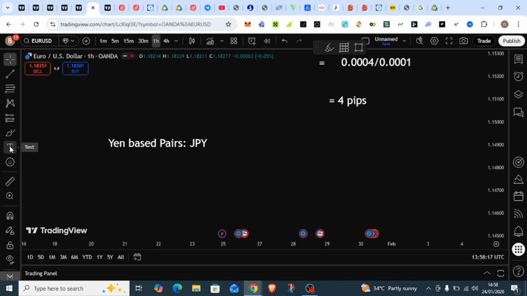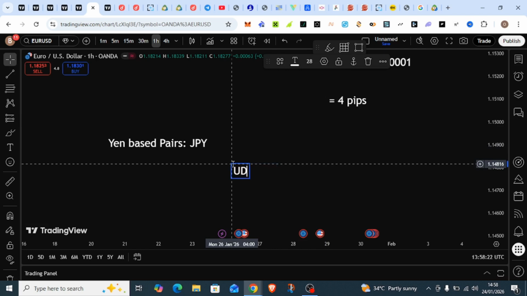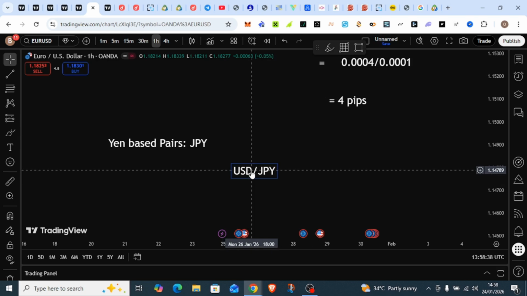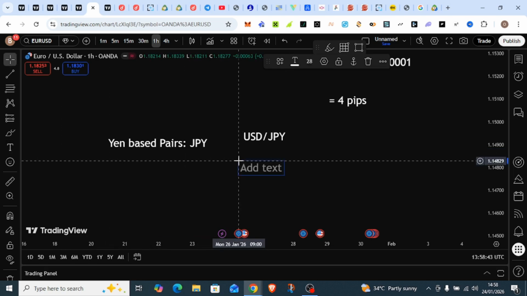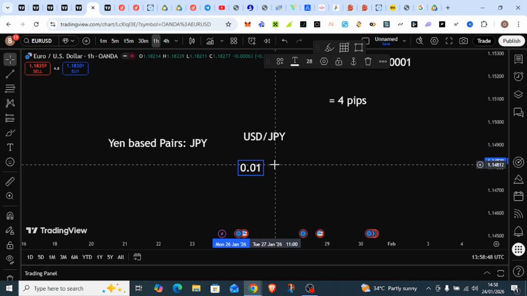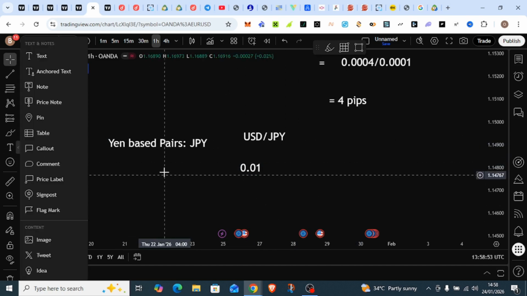If we have USD JPY, I have something like this: 0.01, and the second decimal place is where to count the pip.